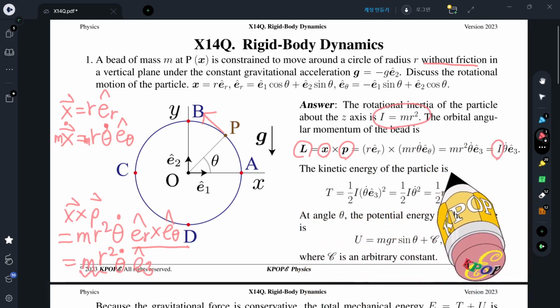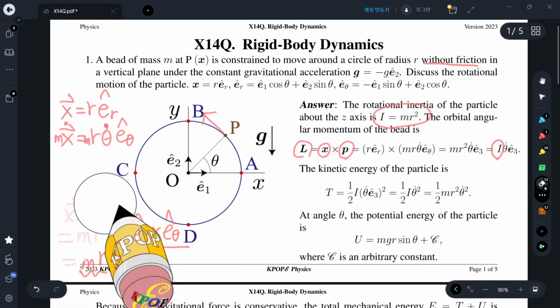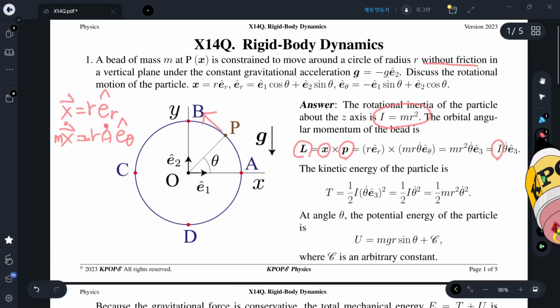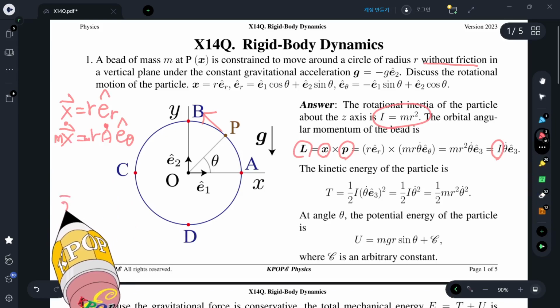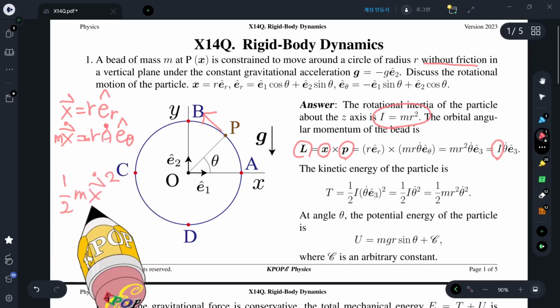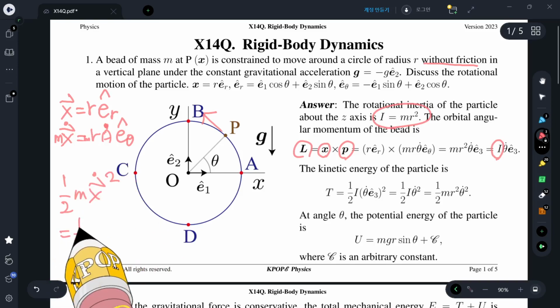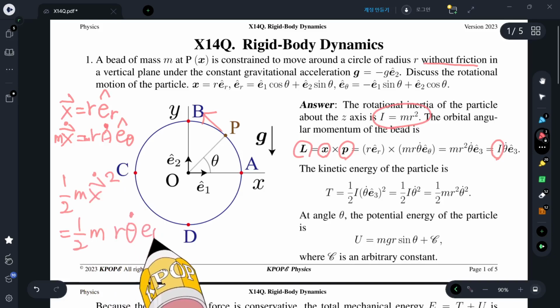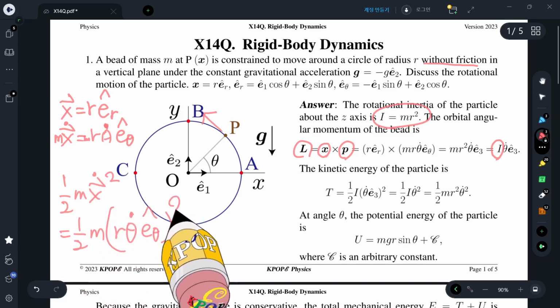Kinetic energy of the particle. Kinetic energy of the particle is one half m velocity squared. So this is one half m times r theta dot e_theta squared.